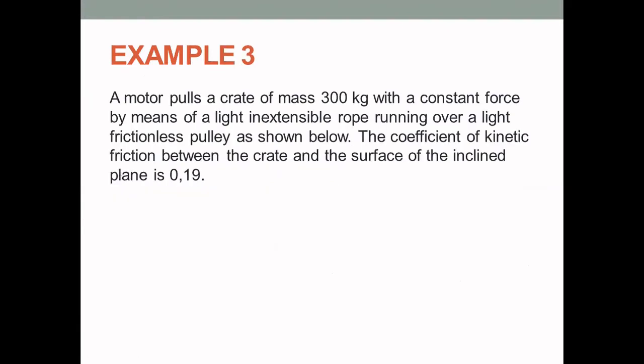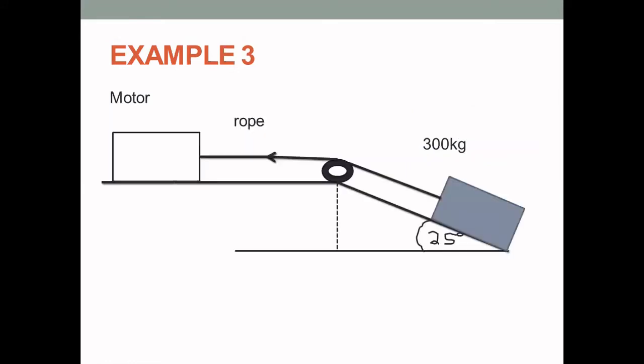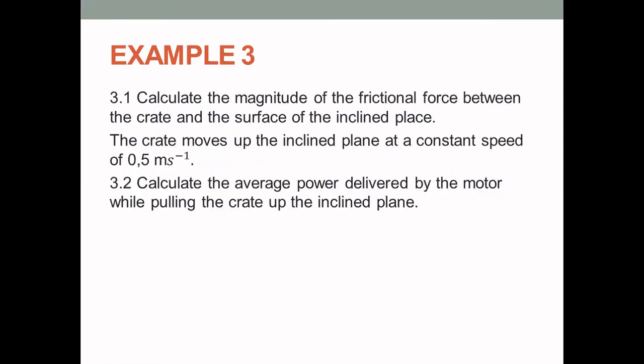Example number 3. A motor pulls a crate of mass 300 kg with a constant force by means of a light inextensible rope running over a light frictionless pulley as shown below. The coefficient of kinetic friction between the crate and the surface of the inclined plane is 0.19. So you can see the system. The first question is to calculate the magnitude of the frictional force between the crate and the surface of the inclined plane.